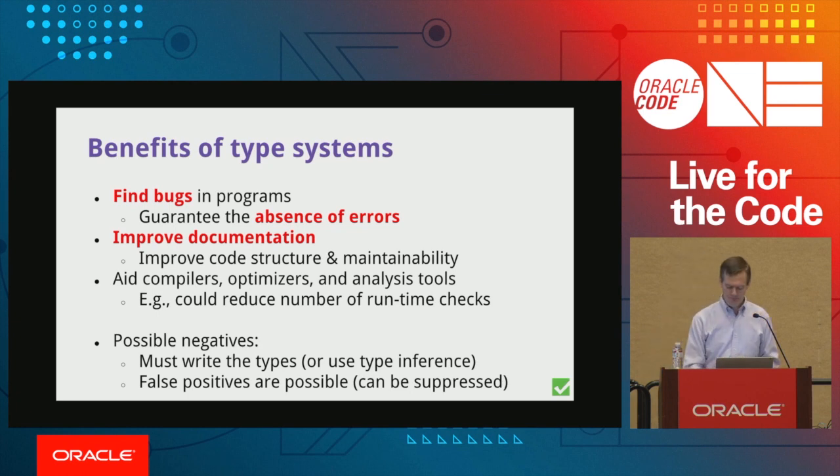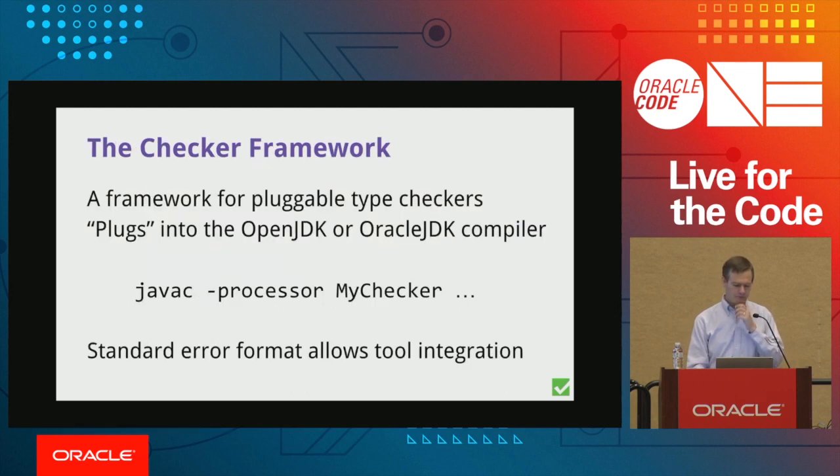OK? Great. So the Checker Framework is a tool that does this for you. The Checker Framework is a tool for writing more powerful type checkers. And it plugs into OpenJDK or Oracle JDK. You run it using the standard command line argument -processor, and you provide an argument that says which type system you care about today.